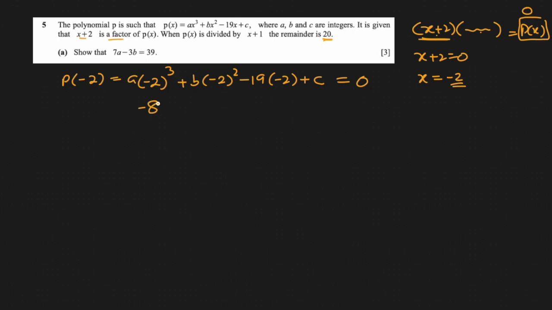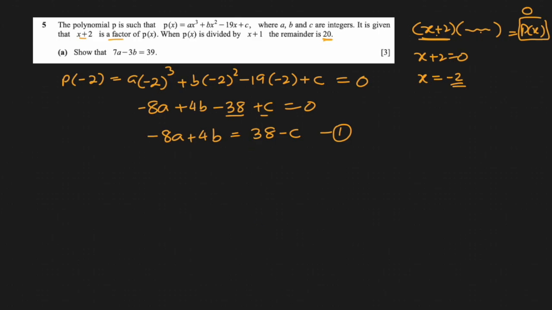Minus 8a plus 4b minus 38 plus c equal to 0. Since I want a and b only, let's put 38 and c on the other side. So minus 8a plus 4b equal to 38 minus c. This becomes equation number 1.